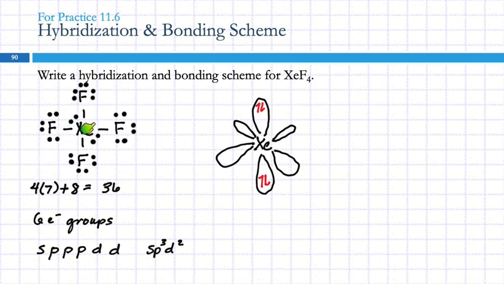The single bonds are going to happen because we have a half-filled orbital from xenon overlapping with a half-filled orbital from fluorine. And so each of these has 1 electron from xenon. So if we look at xenon's, let's see, 2, 4, 6, 8, 1, 2, 3, 4, 5, 6.